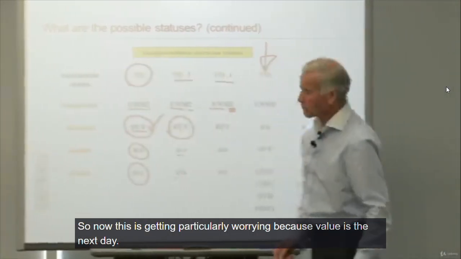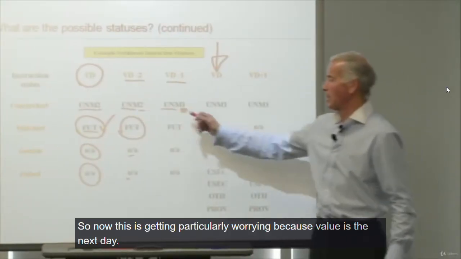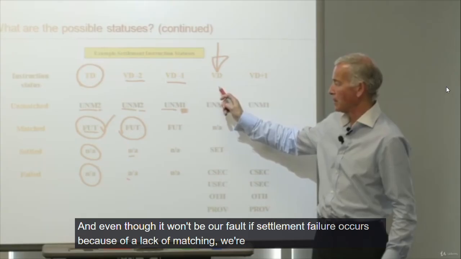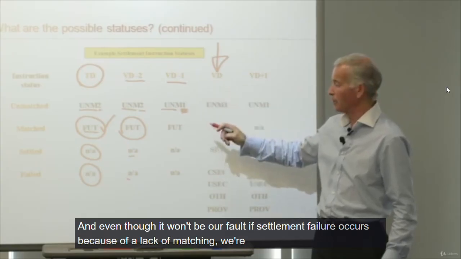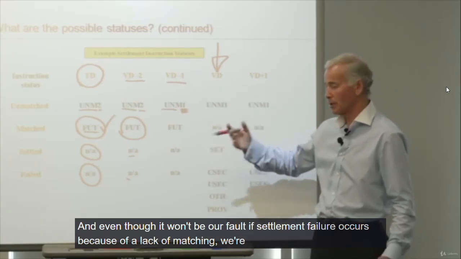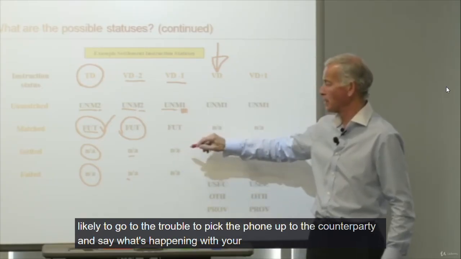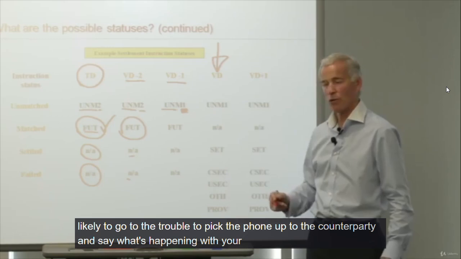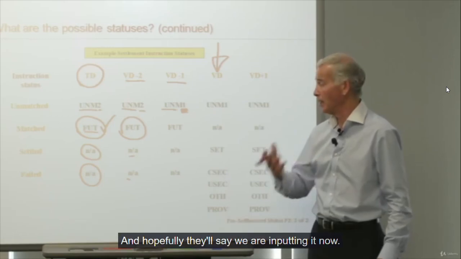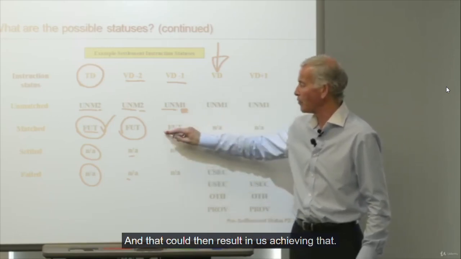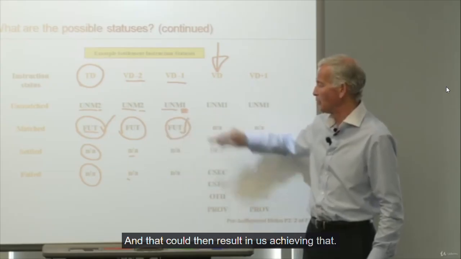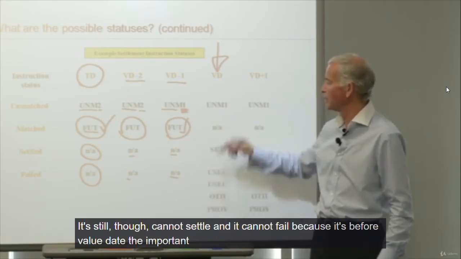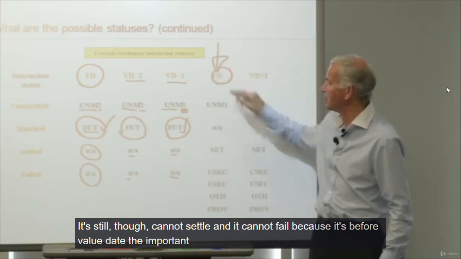So now this is getting particularly worrying, because value date is the next day, and even though it won't be our fault if settlement failure occurs because of a lack of matching, we're likely to go to the trouble to pick the phone up to the counterparty and say, what's happening with your instruction? And hopefully they'll say, we are inputting it now, and that could then result in us achieving a match. It still, though, cannot settle and it cannot fail because it's before value date, the important date here.